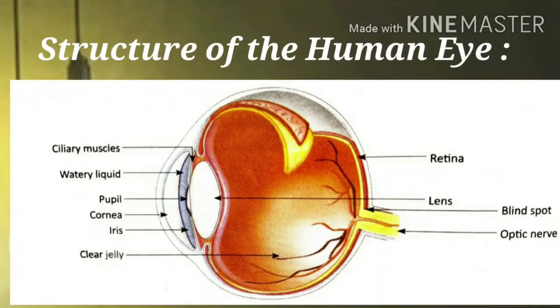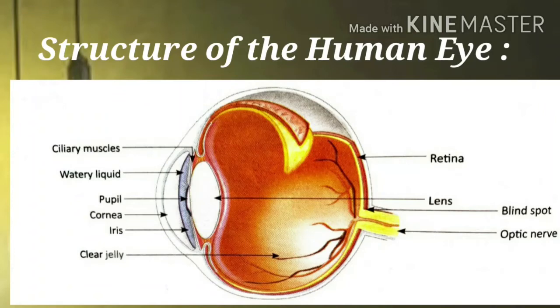Students, human eye is very small, about 2.5 centimeters in length, and the eyelid acts as a shutter of an eye and protect them from injury. Now let us see the internal part of our eye.